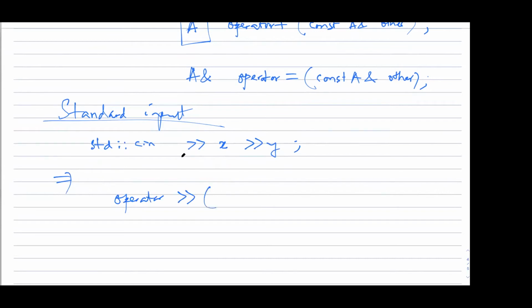Here, this is the operator that we are overloading, and we are passing in std::cin as the first argument, and the second argument is x, okay? And then whatever this returns acts as the first argument for operator greater than passing in y.